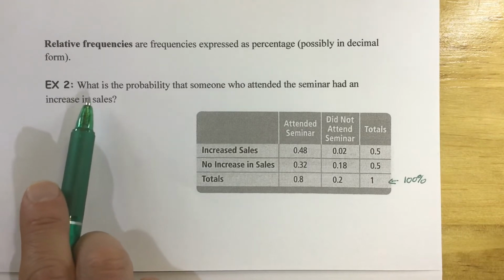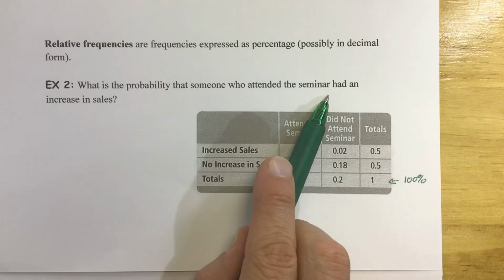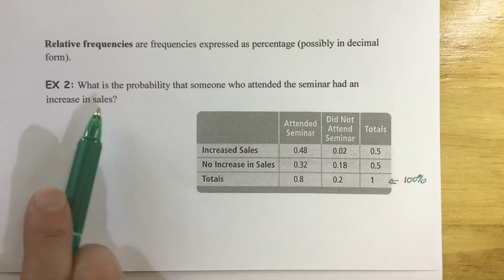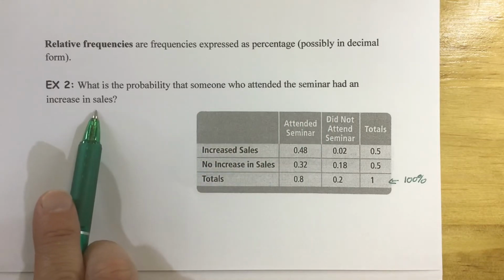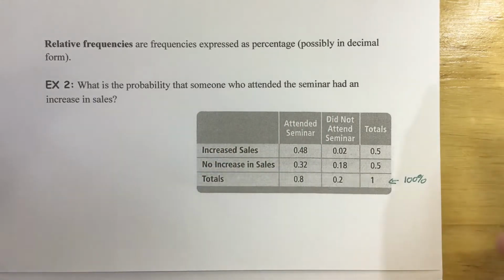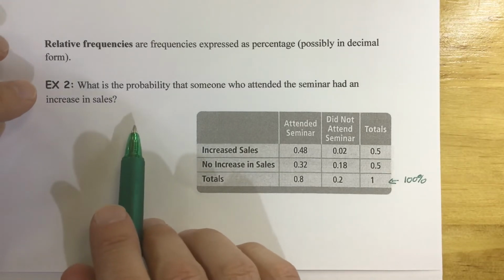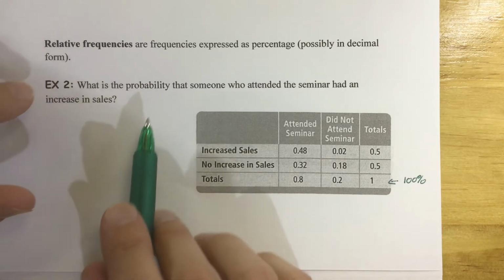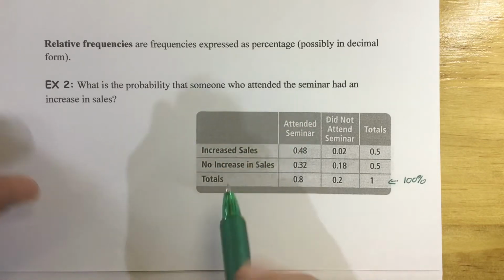All right, for the example, what is the probability that someone who attended the seminar had an increase in sales? So this gets a little bit tricky. The way that it's worded here, it's not taken from the whole. What is the probability that someone who attended the seminar?